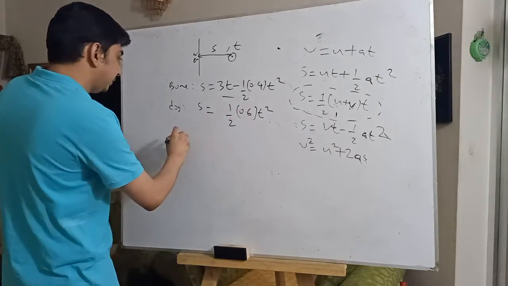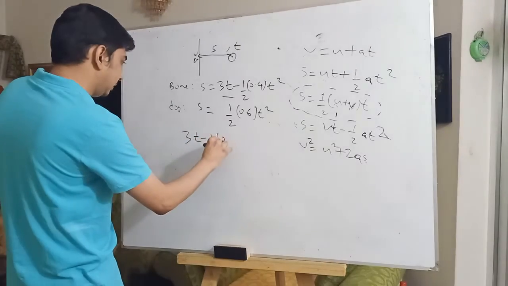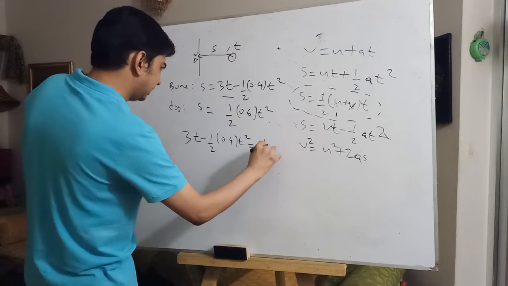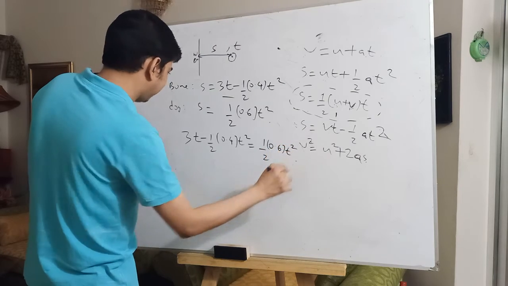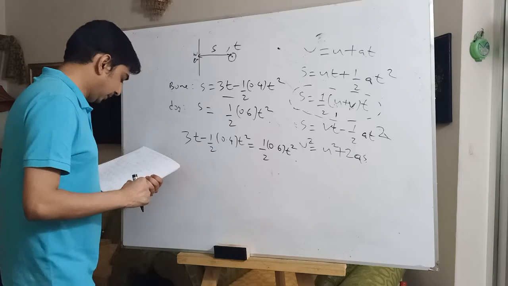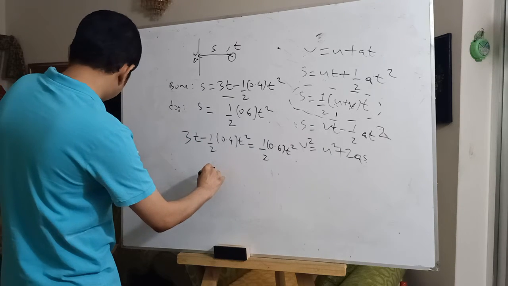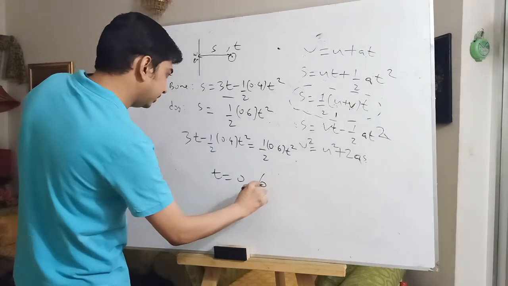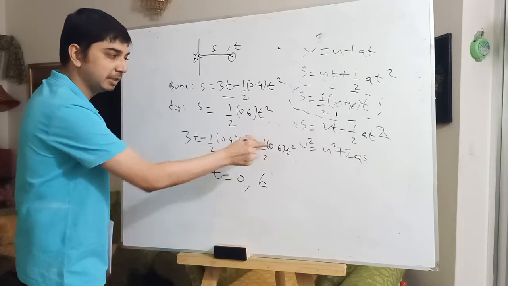Okay, now this is S and this is also S. So I can write 3t minus half 0.4 t square is equal to half 0.6 t square. Okay, so this is a quadratic equation which you have to solve. After solving it, you will get two values of t, that t is equal to 0 and t is equal to 6. 0 is quite obvious because if you look at the equation, there is t.